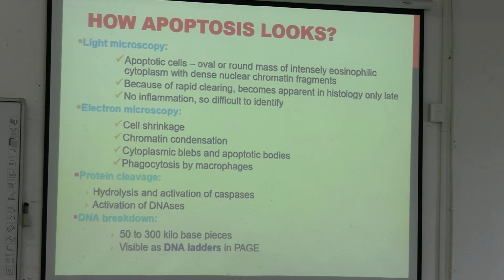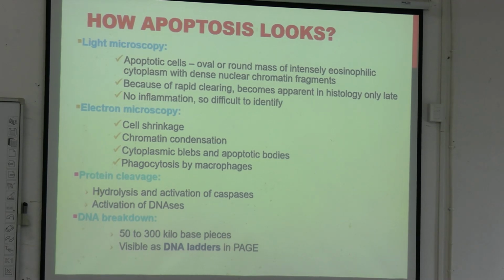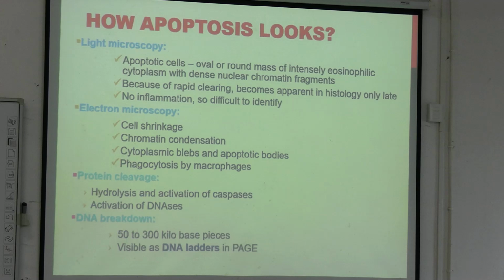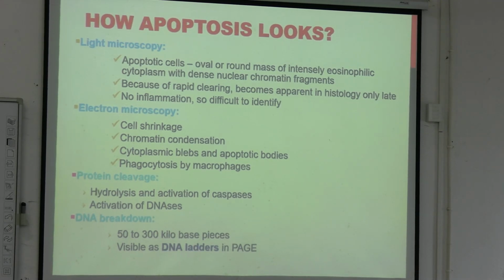This DNA breakdown is visible as a DNA ladder in case of PAGE. And due to the activation of these caspases, mainly causing damage to the DNA, some kind of activated DNAs can be found in case of blood.